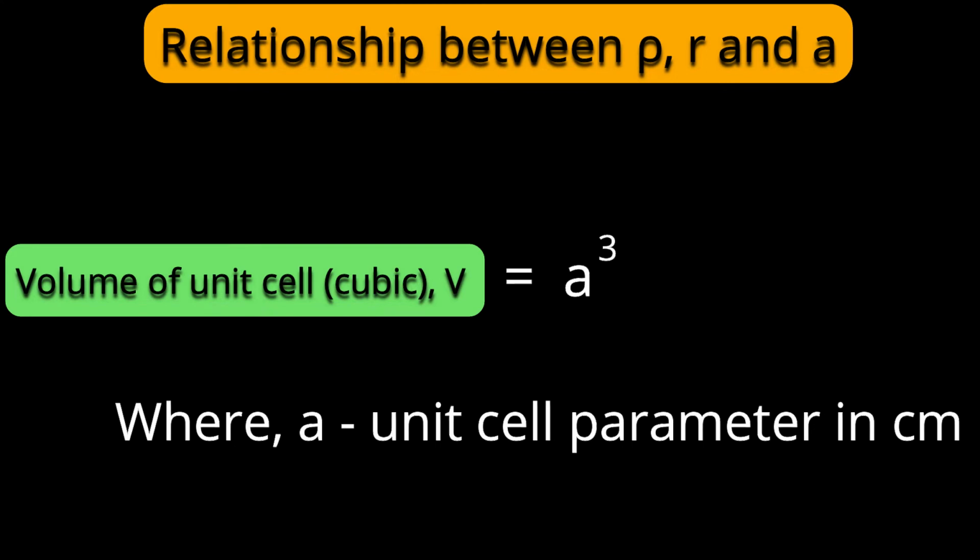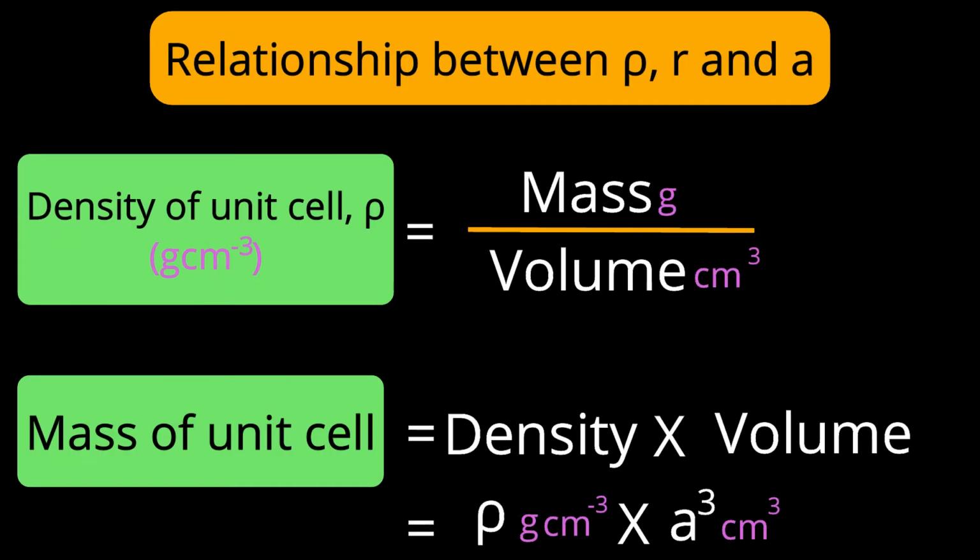If unit cell parameter has unit centimeter, then what will be the unit for volume of unit cell? Centimeter cube. Now, density of unit cell rho, which has unit gram per cubic centimeter, is equal to mass expressed in gram divided by volume found in cubic centimeter.